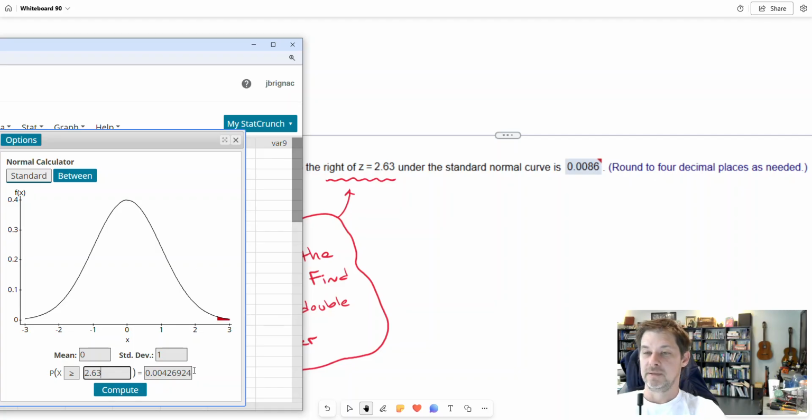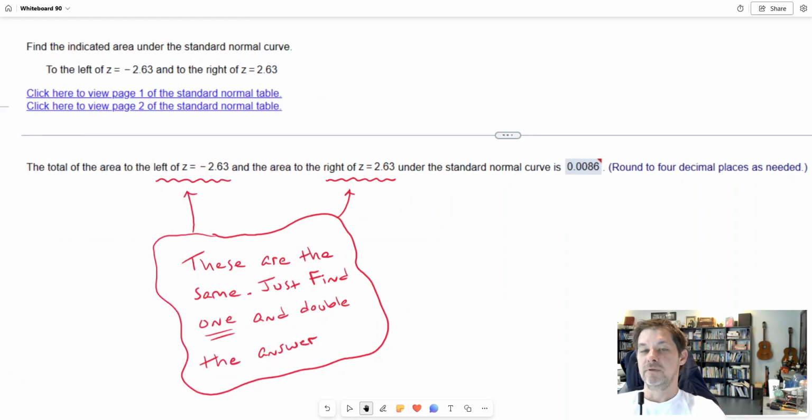Take this, double it, get that. Okay? Now you could use that normal calculator to find either one of these. Just know that they're going to be the same. Double it to get your answer. Now if these numbers weren't different, I'd have to find them each individually and add them together. But at least that's not the case here, and I can do it the way that I showed you.